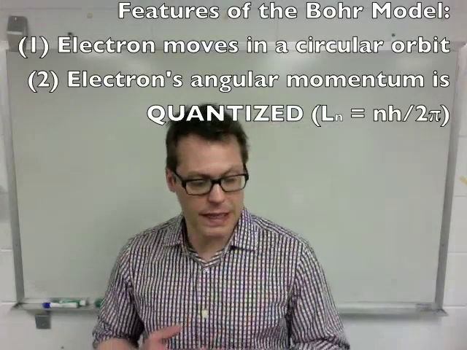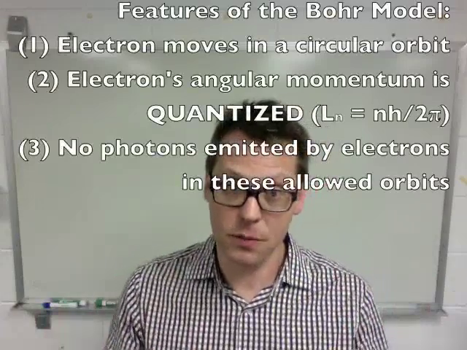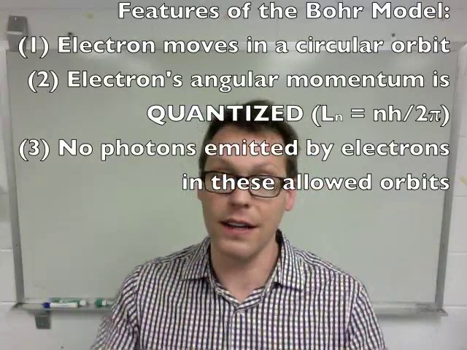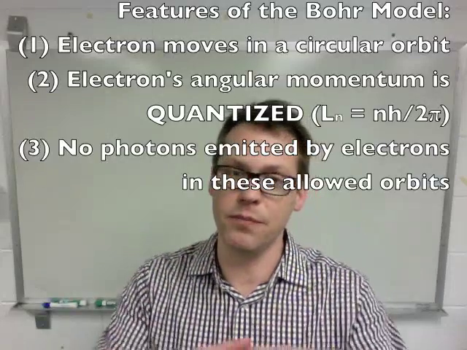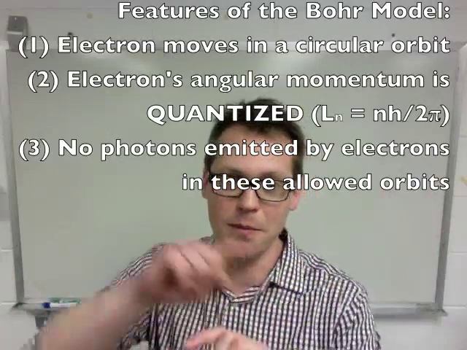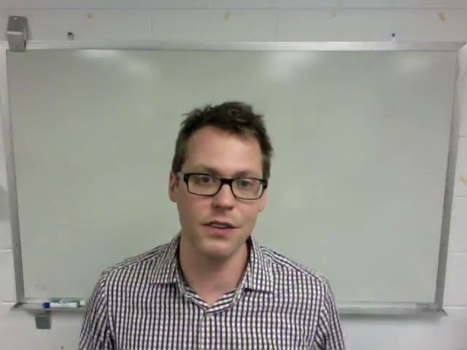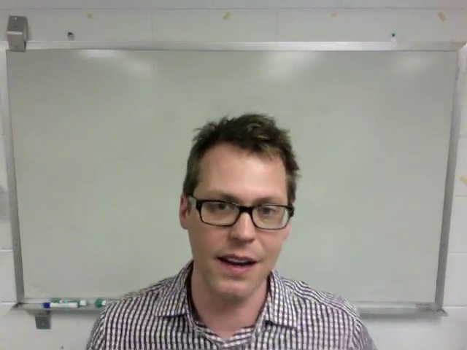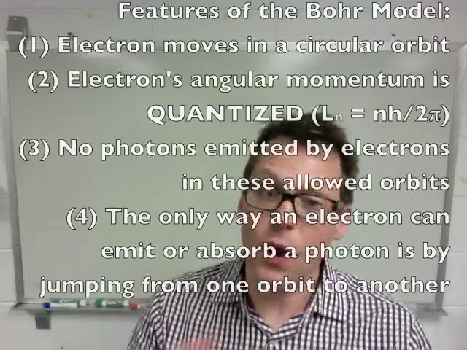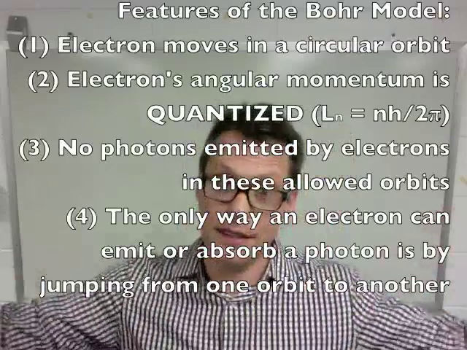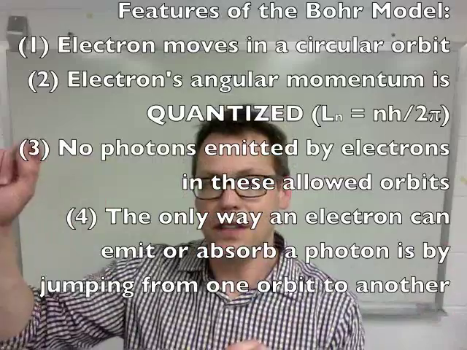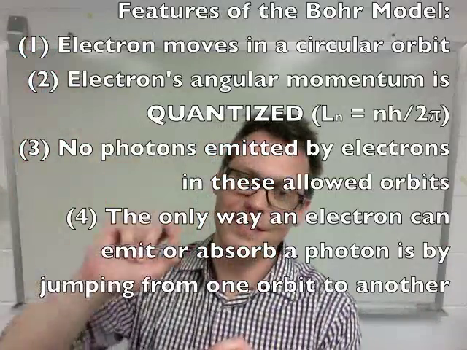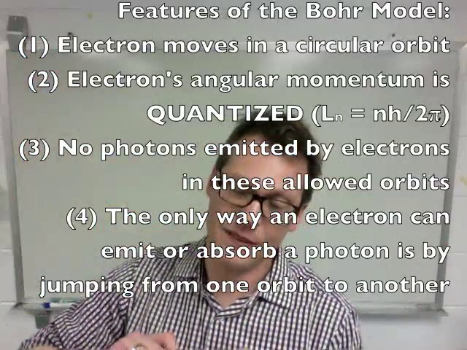The third one is that there's no radiation of electromagnetic waves for an electron that's sitting happily in one of these allowed orbits, right? That fixes the Rutherford problem of having the electron spiral into the nucleus because it's losing electromagnetic energy because it's accelerating. The only way for an electron to emit a photon, or an electromagnetic wave, is if it goes from a higher energy level to a lower energy level, right?